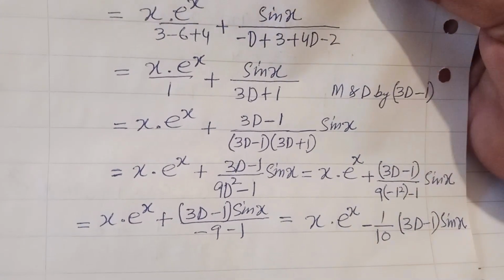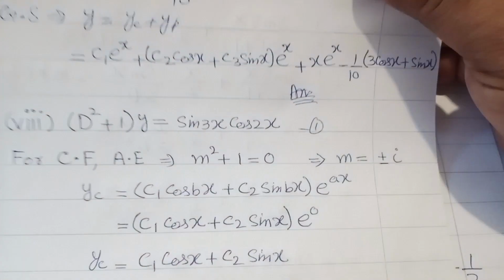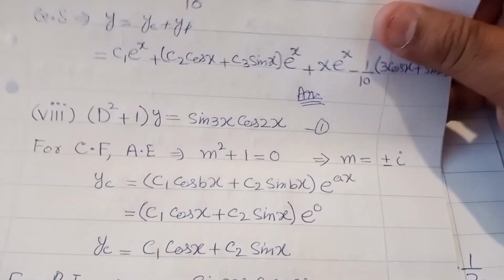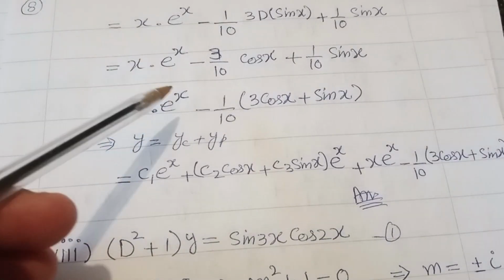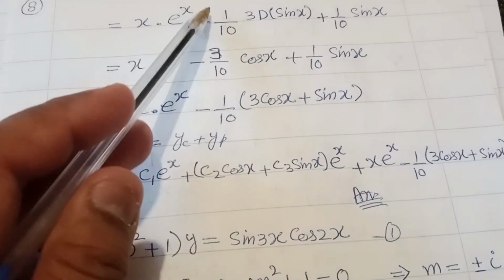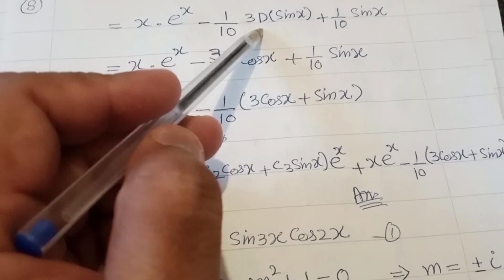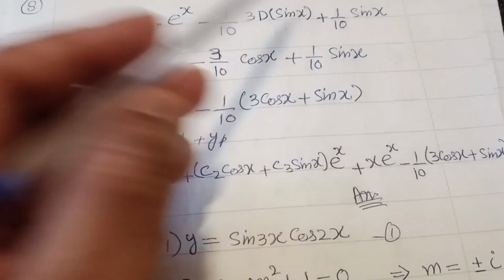So further, x exponential x minus 1 upon 10 into 3 differential of sin x plus 1 upon 10 sin x.